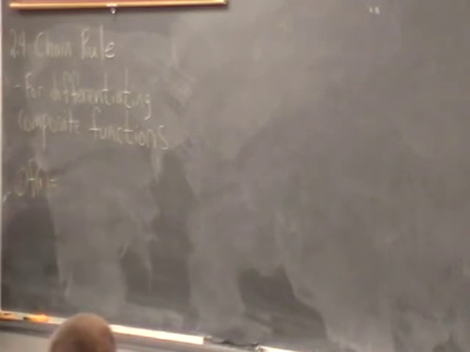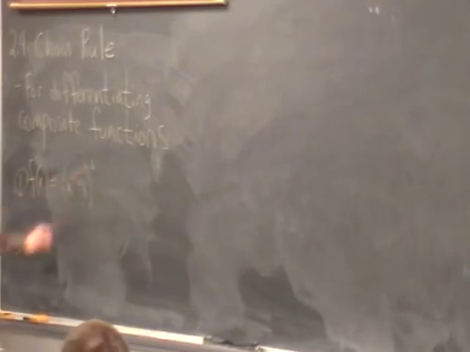Say we've got f of x equals quantity x squared plus x, and that whole thing's being squared. That would be a composite function.